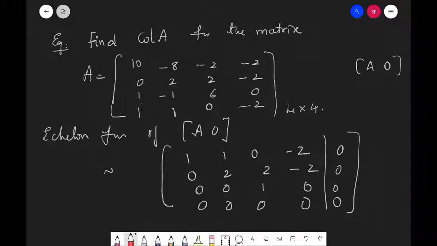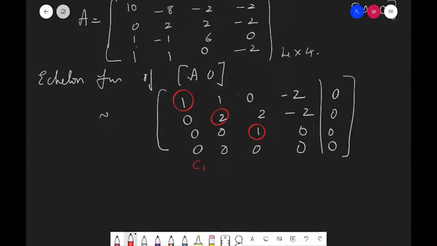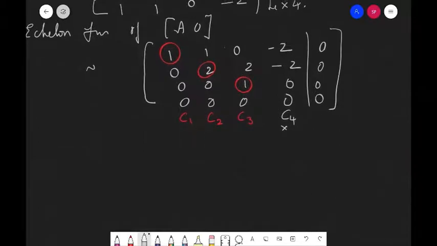Now let me mark the pivot positions. This is pivot, this is pivot, this is pivot. That means here you have pivot column, pivot column, pivot column, but this is not a pivot column. In null space, what did we learn? From the column which is not a pivot column, you used to write basic and free variables and find null A. For column space A, here we will write like this. C1, C2, C3 are pivot columns.